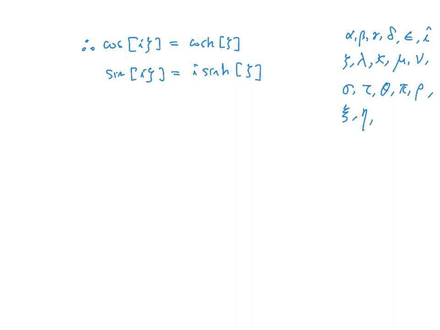How many? 24, there must be. Phi, psi, what else? Omega?